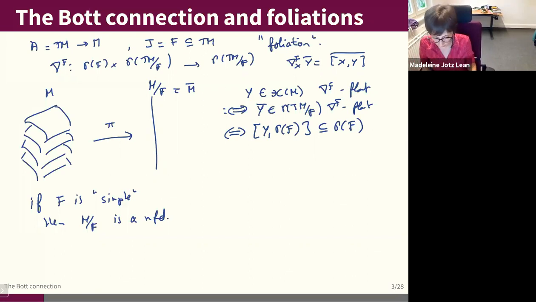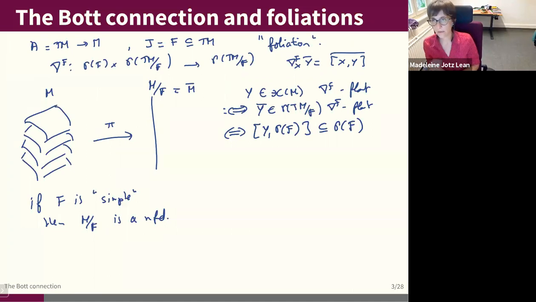And then if you think about it, either you look at that condition in local coordinates, so in adapted charts to your foliation, or you think about flows. Maybe with flows, it's easier to say. So the flow of the vector field Y must preserve the involutive subbundle F. And so that means that it's going to preserve the leaves of the foliation, and that means that it's going to project to a flow on M bar.